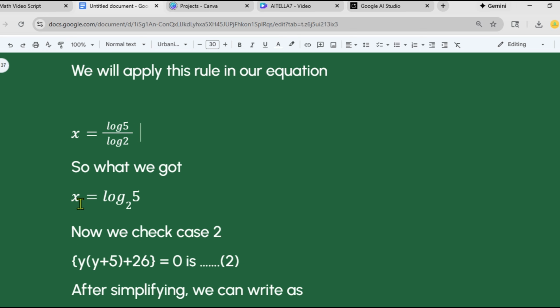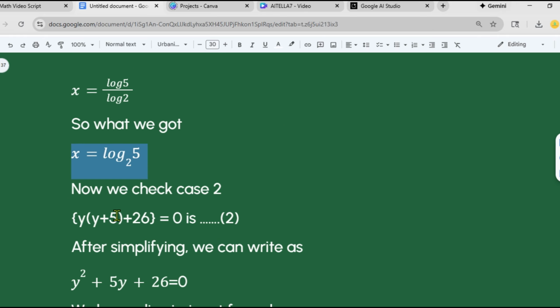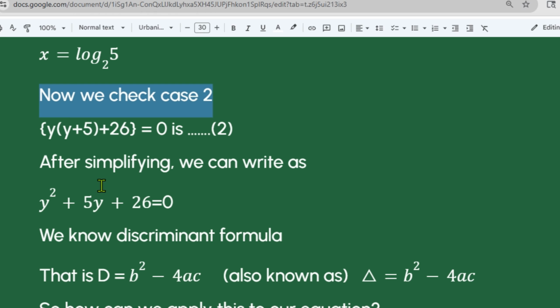This is our x value. Now we solve case 2. Follow steps on screen.